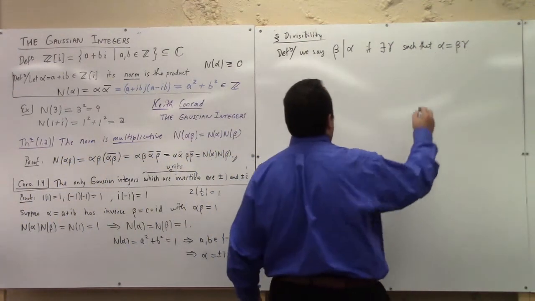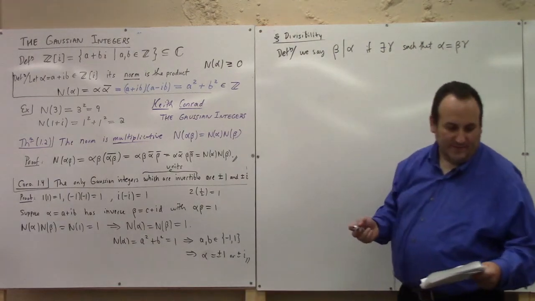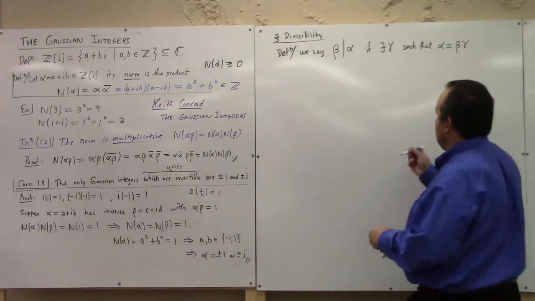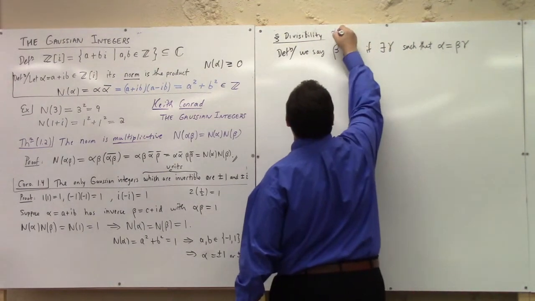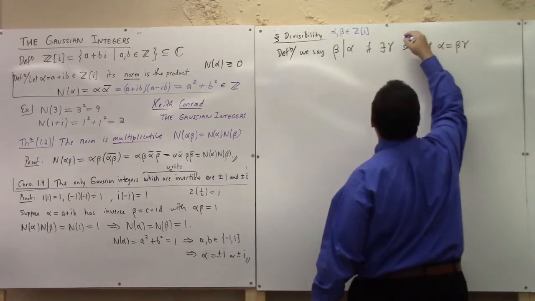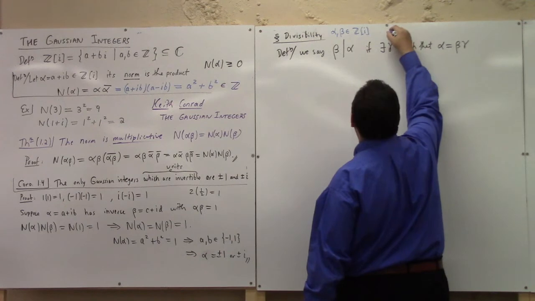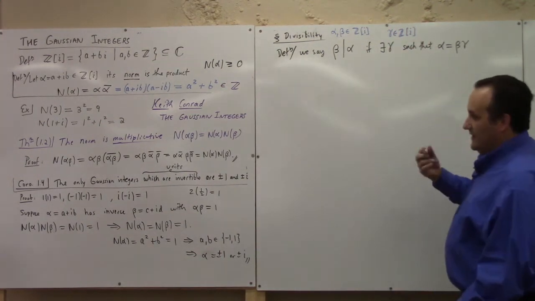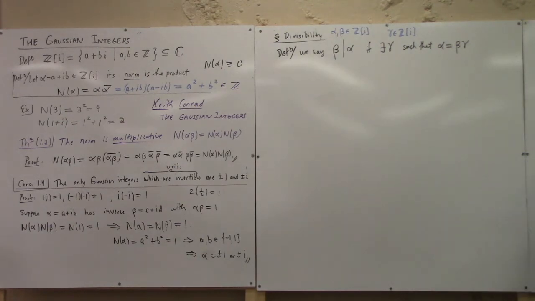Of course, I'm just using letters at the moment, but the context here is that alpha and beta are Gaussian integers, and this gamma is also a Gaussian integer. So we define divisibility in the Gaussian integers in the same way that we defined it in the integers. To say that beta divides alpha is to say that alpha is a Gaussian integer multiple of beta.